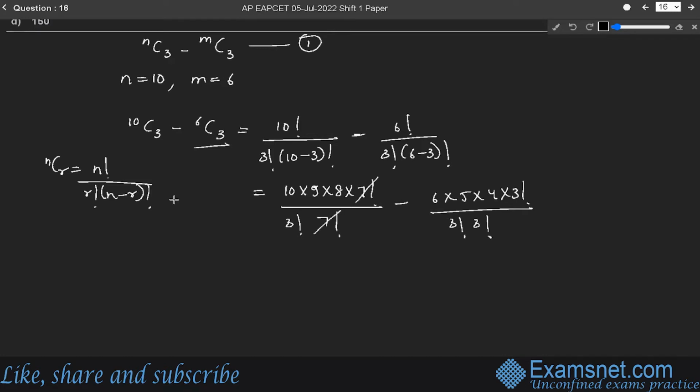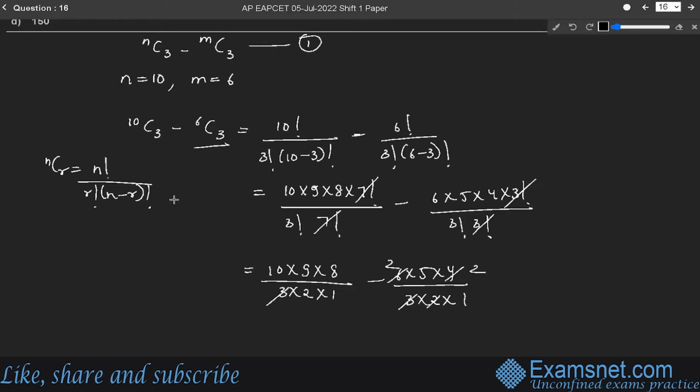So this 7 factorial and 7 factorial will be cancelled, and this 3 factorial and 3 factorial will be cancelled. So the remaining terms will be 10 into 9 into 8 divided by 3 into 2 into 1, minus 6 into 5 into 4 divided by 3 into 2 into 1. Again on cancelling, this will be 2 and this will also be 2. Similarly, here there will be 3 and here there will be 5.